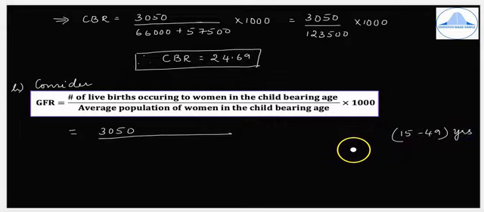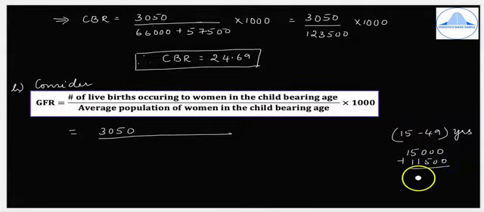So if you add up the population for the age groups from 15 to 49 years, that is 15,000 plus 11,500, you will get the total as 26,500. This is what should be used in the denominator here.